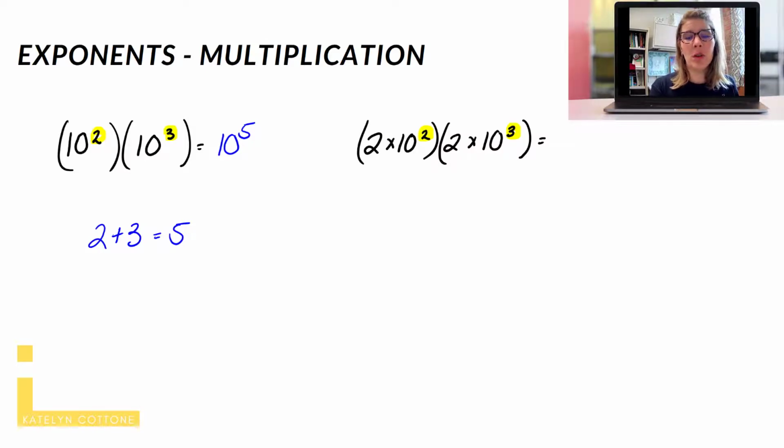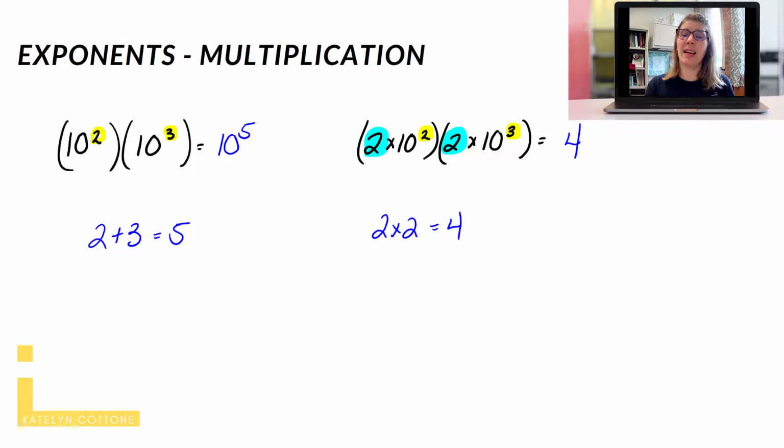But now we have this new component where we have the piece that comes out in front of the times 10 to the. That piece here I've highlighted in blue. So we need to take these two values, these two numbers, and multiply them, because that's what we're doing, a multiplication. So we're going to take 2 times 2, which is 4, and that's going to come out in front of our answer.